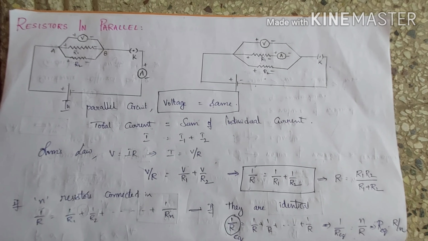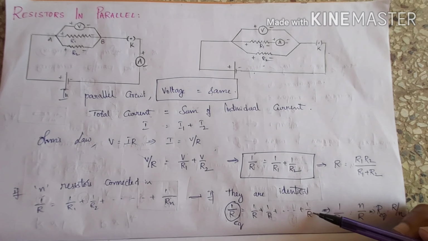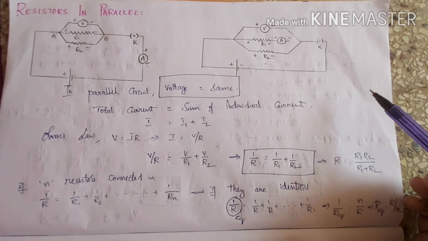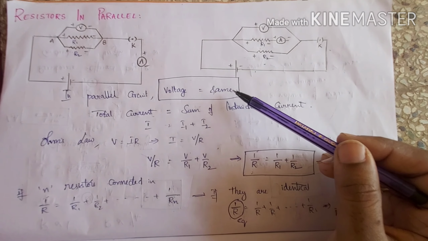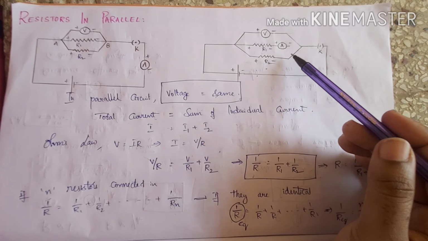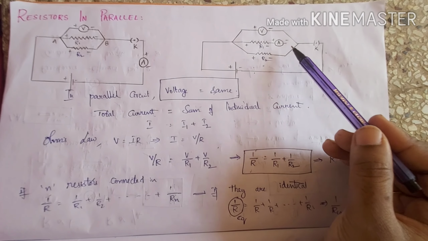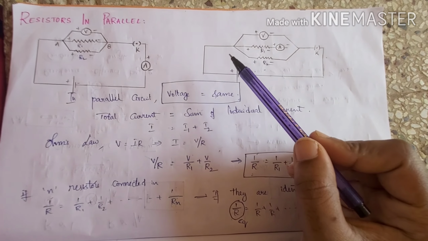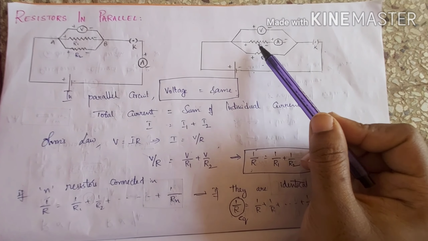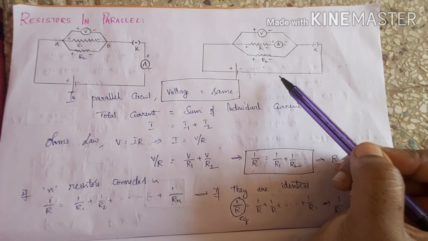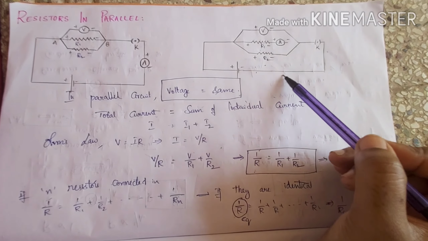So this is the total outline when resistors are connected in parallel, and the voltage is the same across the resistors when they are connected in parallel. For this reason we connect the voltmeter in parallel with the circuit. When you connect a voltmeter in parallel, you will get the same voltage across the circuit.